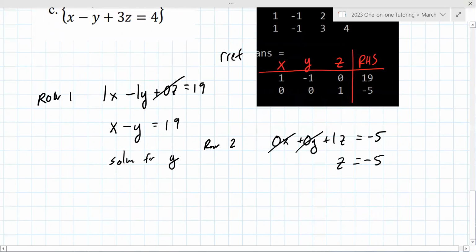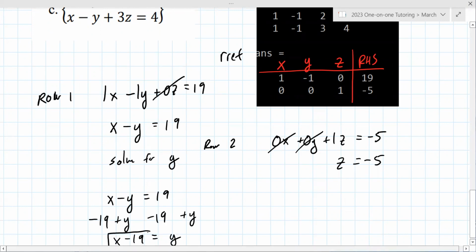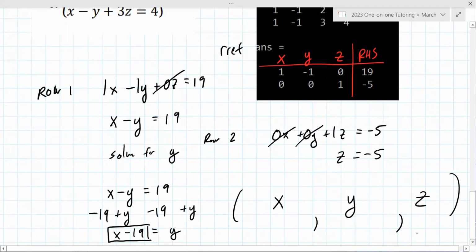So x minus y equals 19, add y to both sides, subtract 19 from both sides, x minus 19 equals y. Because there are 3 variables, there are 3 answers they're looking for. Normally it's x, y, and z, but in this case, your z is -5, your y is x minus 19, and x stays as x. Yeah, that makes sense.